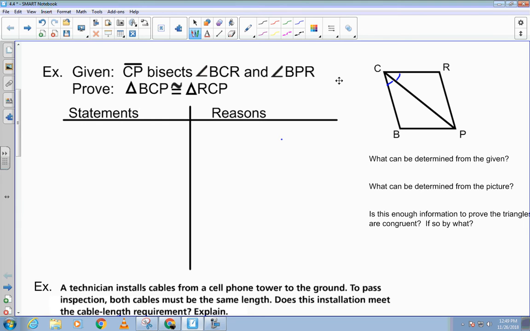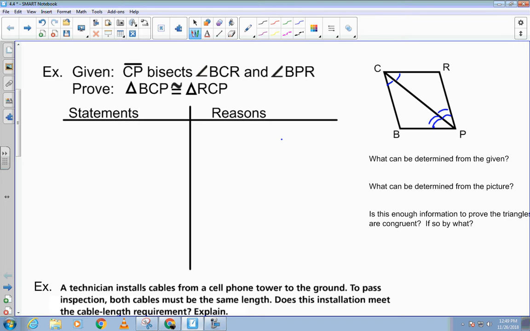So these two right here are congruent, correct? Okay. CP also bisects BPR, which is this angle. What does that tell us? Both of those angles are going to be congruent to each other, right? Okay. So these two are congruent to each other.